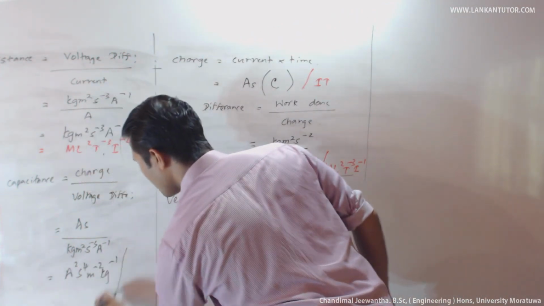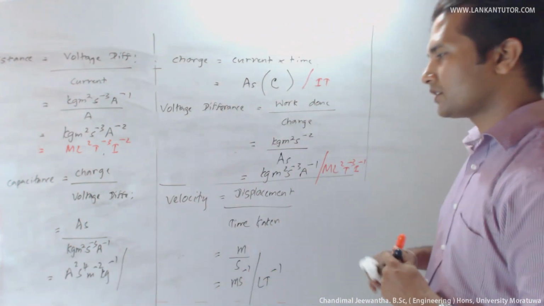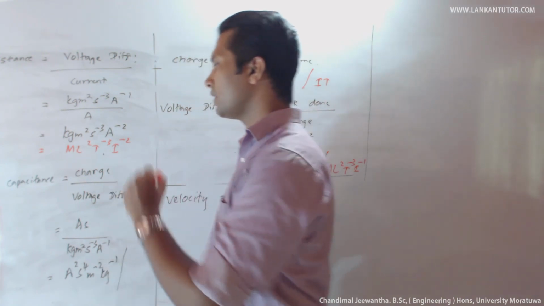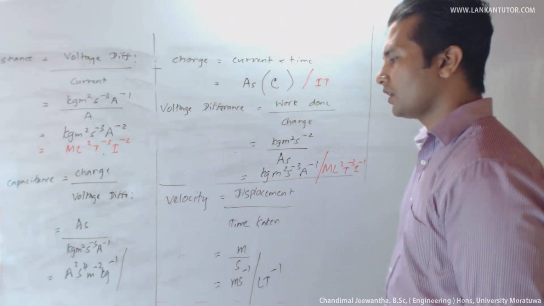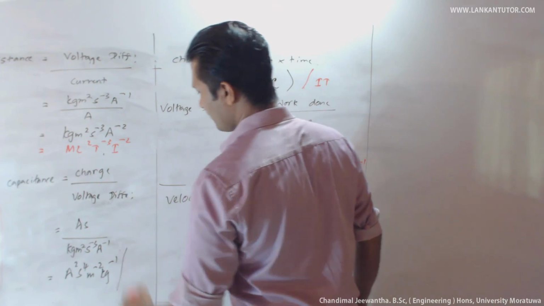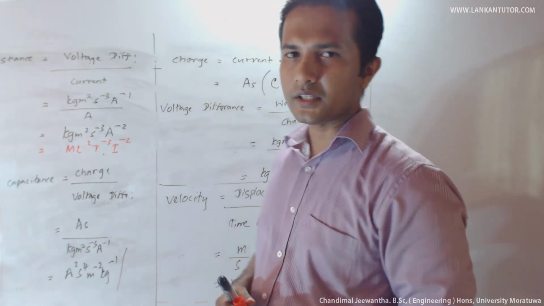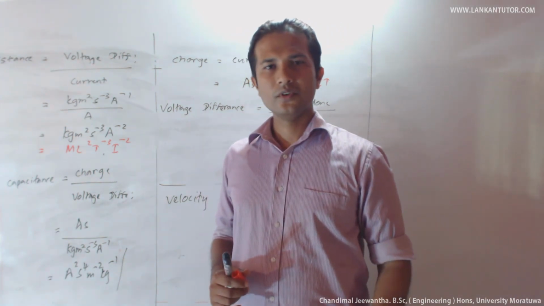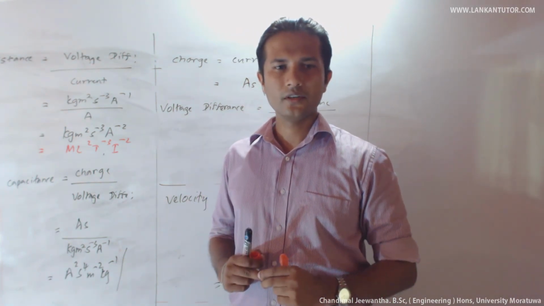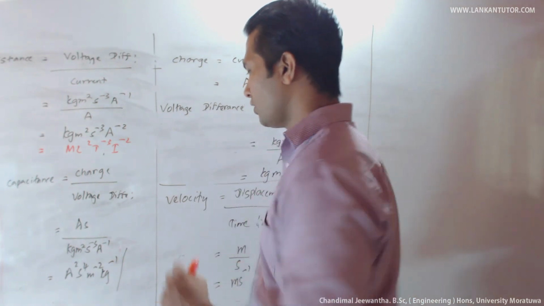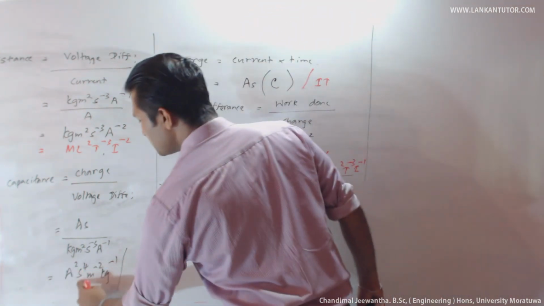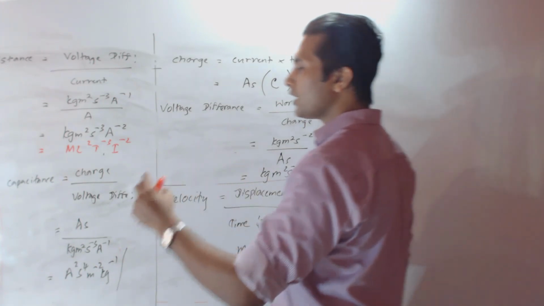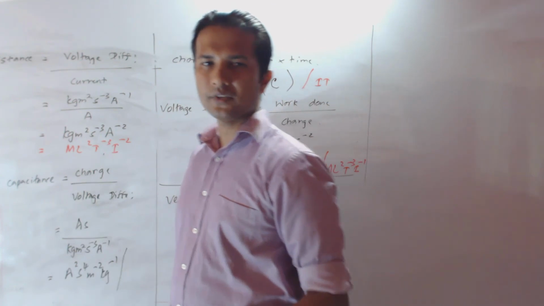Using these units, we can get the dimension of capacitance. We can follow this procedure in order to get the dimension of a given physical quantity. So you have to convert these 4 units into dimensions with their own powers.